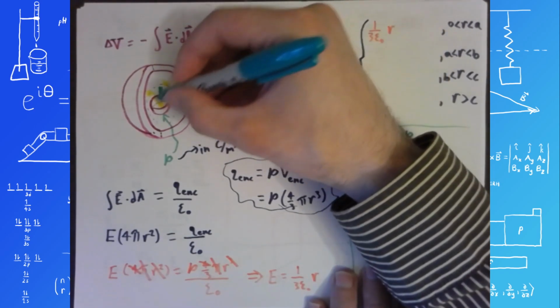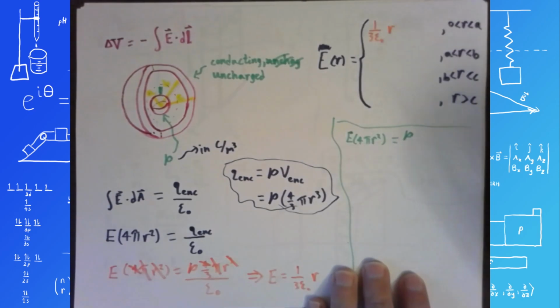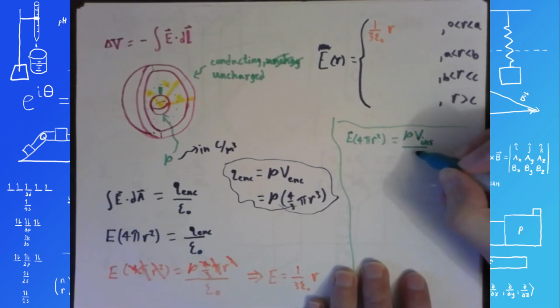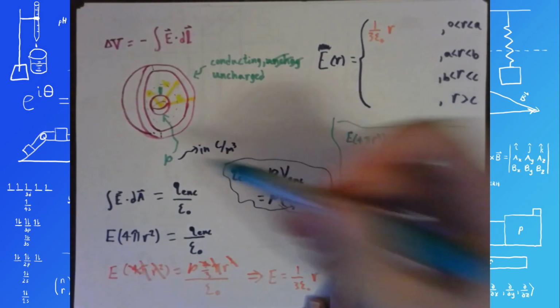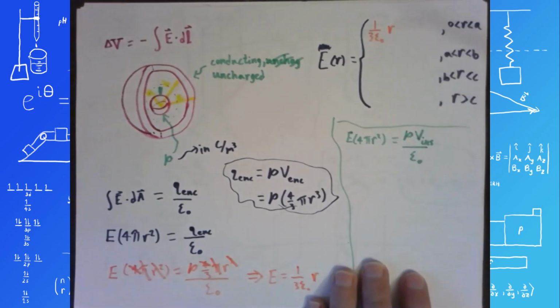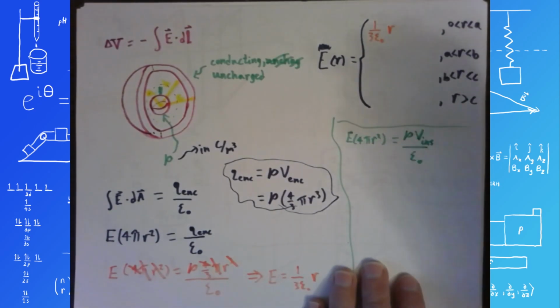All the charge is just up to this point. So I'm just going to do the total volume of the insulator itself over epsilon naught, and since it has a radius of a, that must be 4/3 pi a cubed.